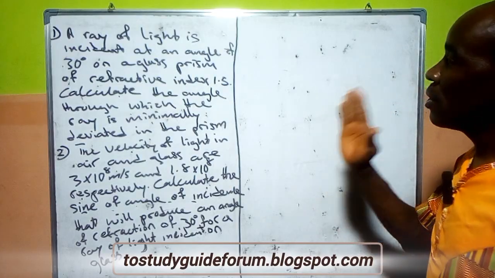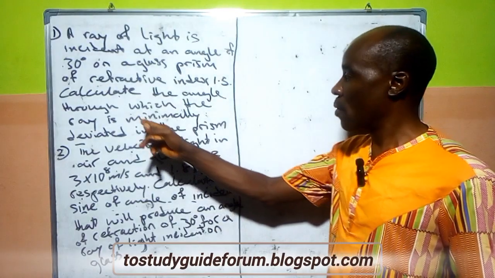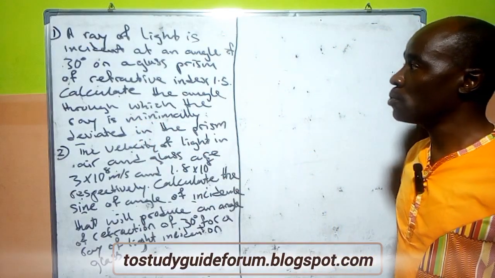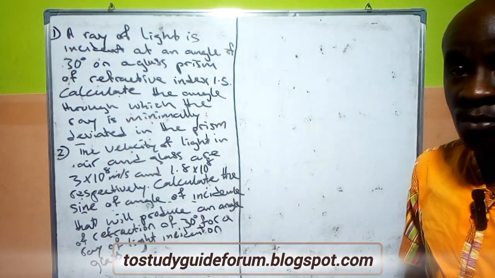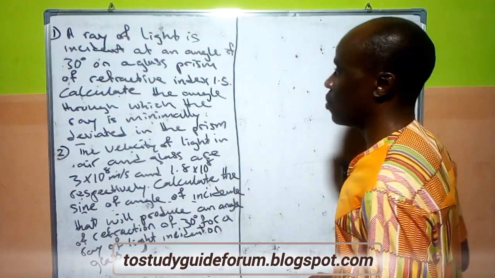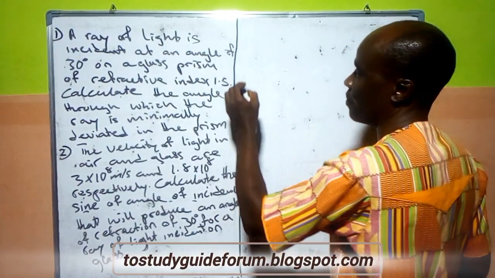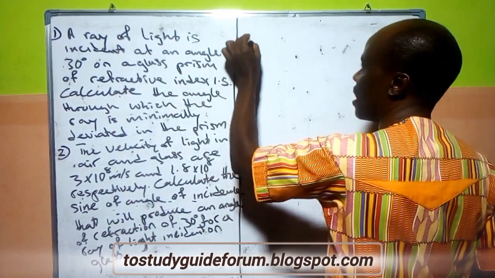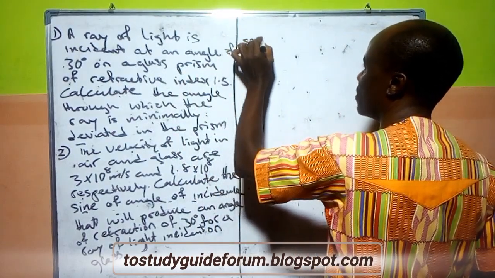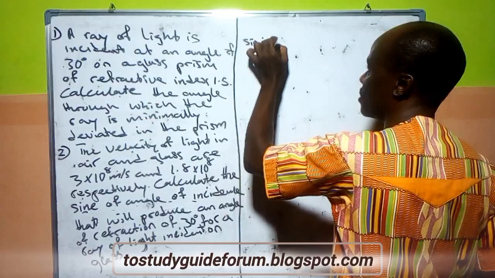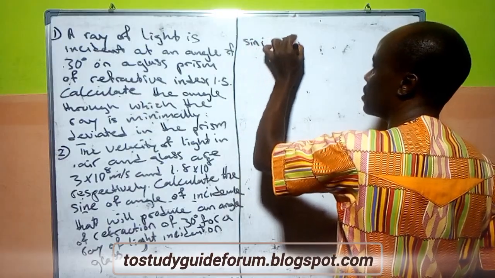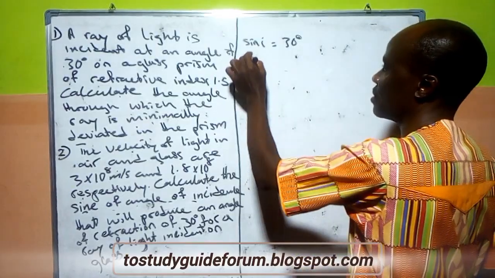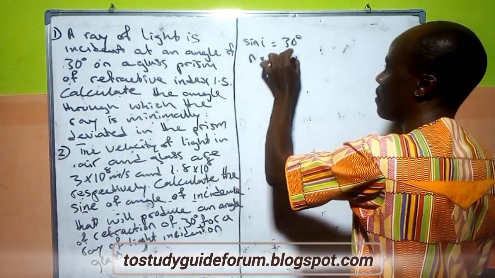So here we are looking for the angle of minimal deviation in the prism. What do we have here? We have some basic information that we can use. The first thing is the incident angle, which we normally represent with I, which is 30 degrees. We also have the refractive index, which is 1.5.